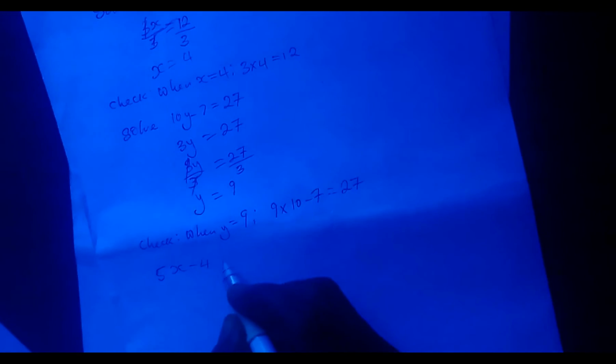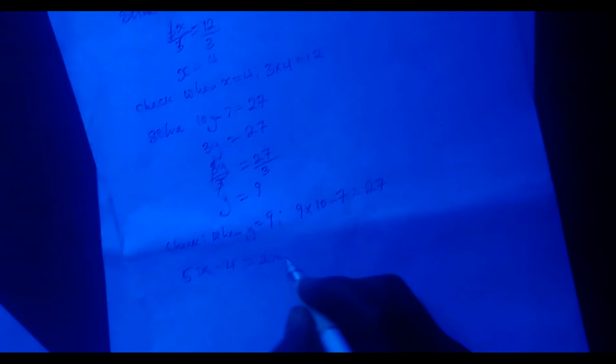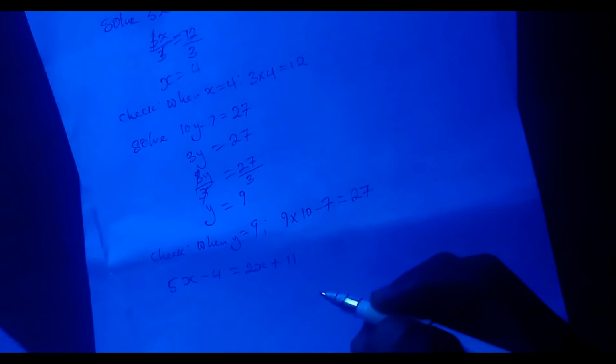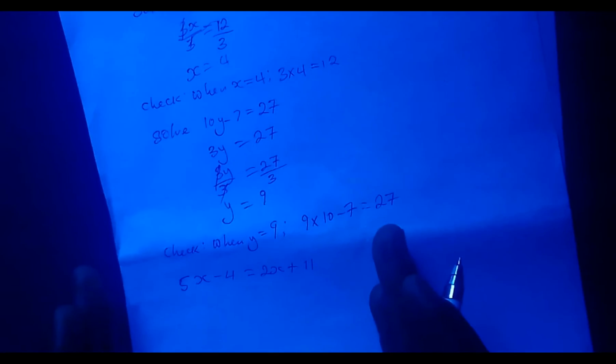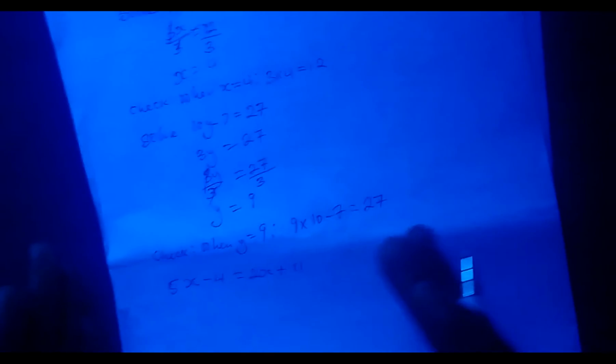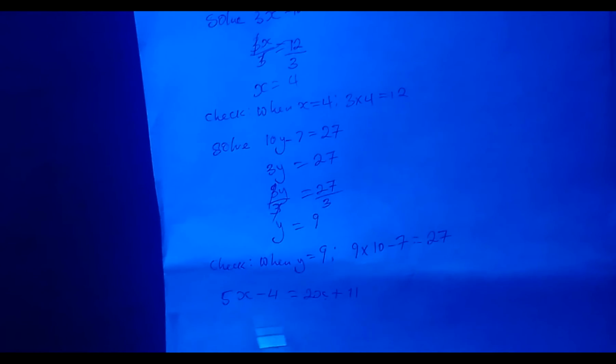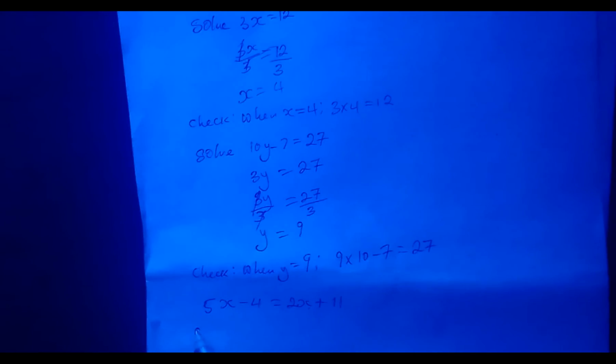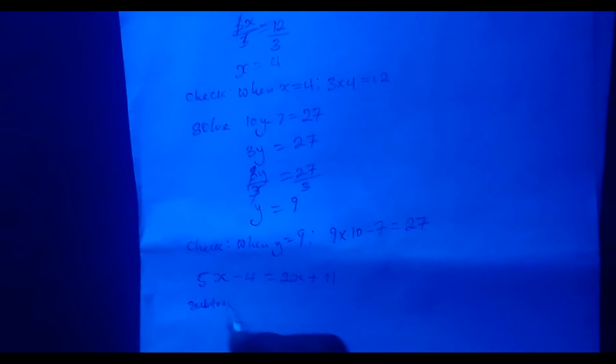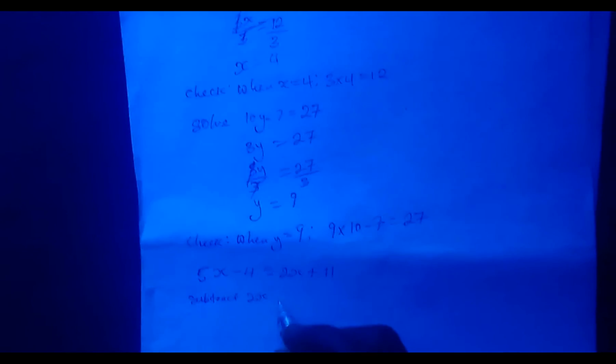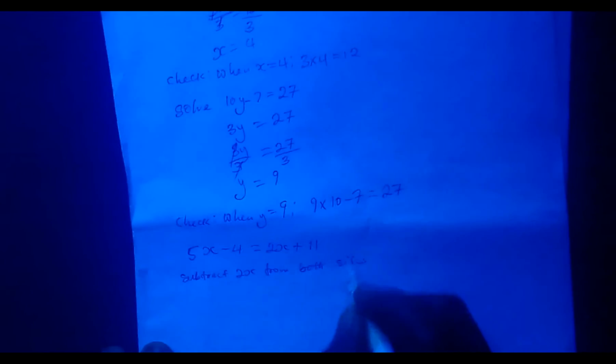Now you have to solve 5x minus 4 is equal to 2x plus 11. What you have to do here is rearrange this equation, collect like terms, to be able to solve it correctly. So you're going to subtract 2x from both sides of the equation.